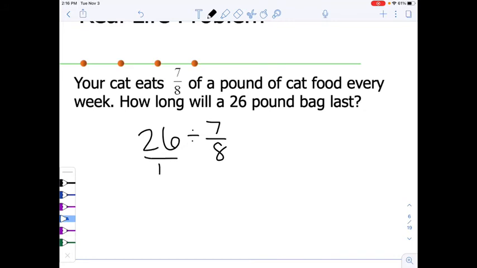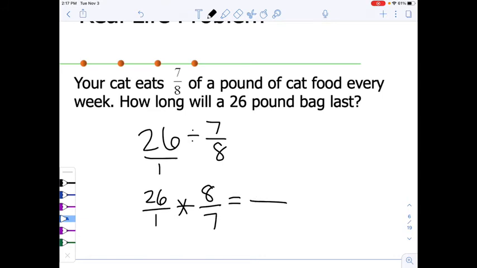So first I'm going to change 26 into a fraction by putting it over 1. Then to divide by a fraction, here's a tip. Keep, change, flip. Keep 26 over 1, change to multiplication, and then I flip. Instead of 7 over 8, 8 over 7. Now that we have multiplication, I look to see if I can cross simplify. 1 and 8, 26 and 7.